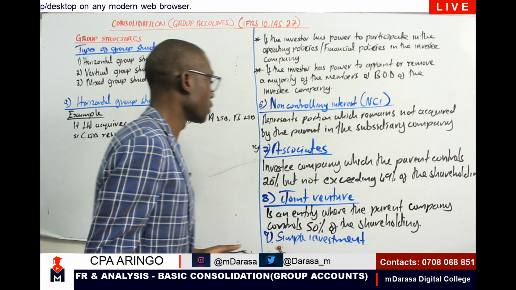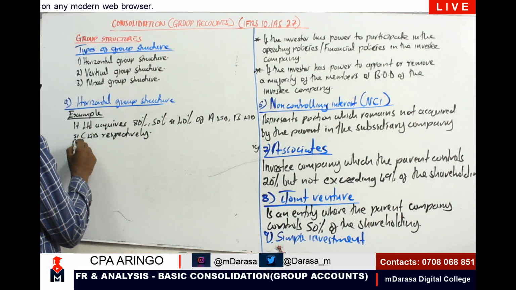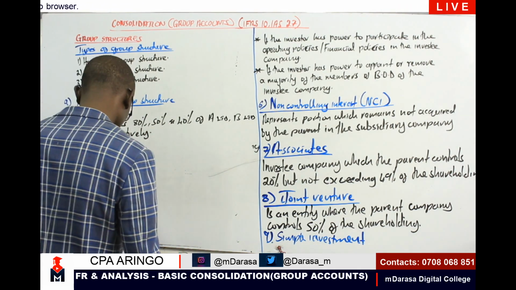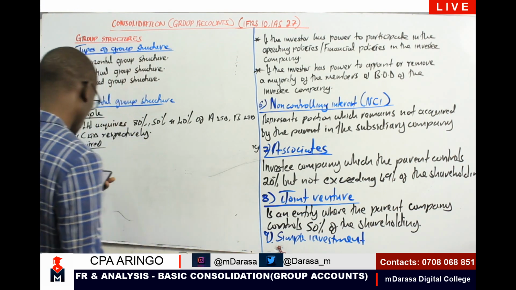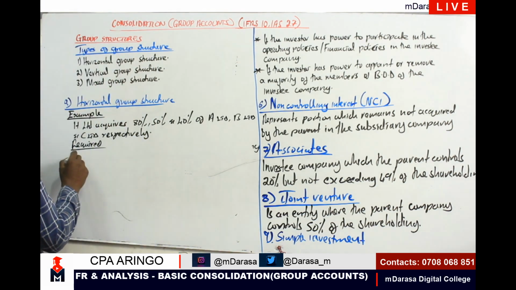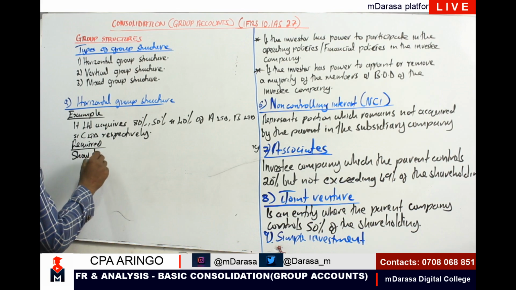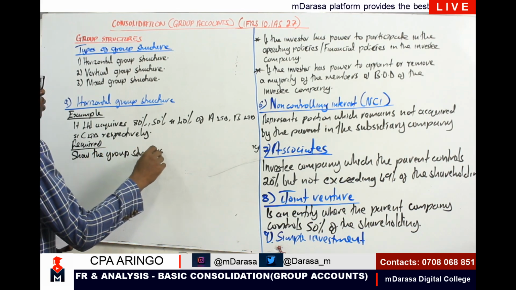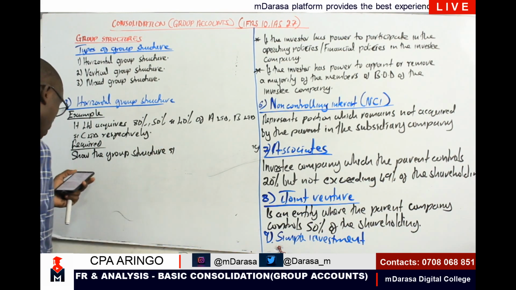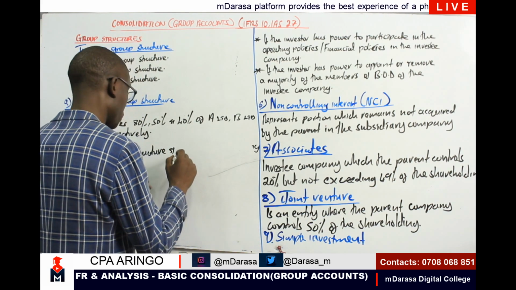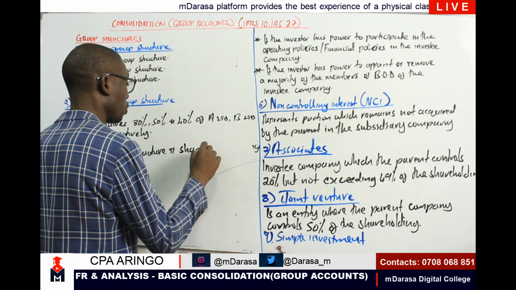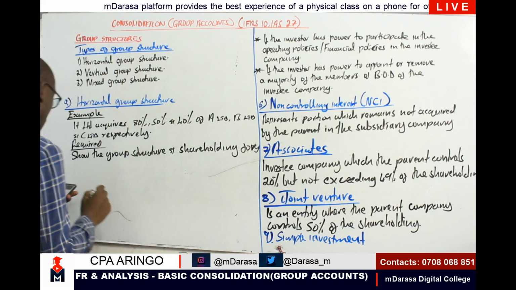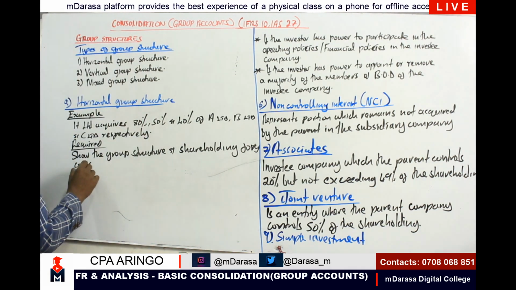Required: show the group structure and the shareholding for consolidation purposes.